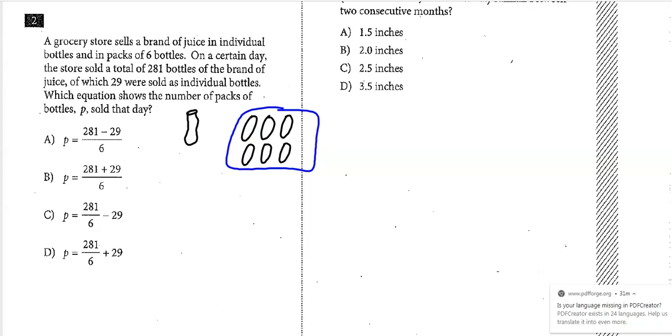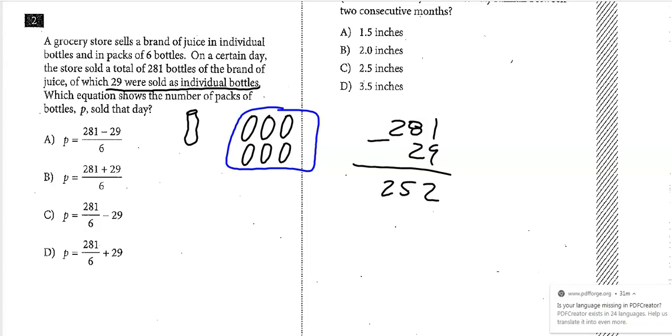So if I have my 281 total bottles and then I subtract the 29 individuals, you get 252. And then I would take that 252, and to find the number of packs, I would divide by 6. Over here, it doesn't really show the answer, but it shows expressions.